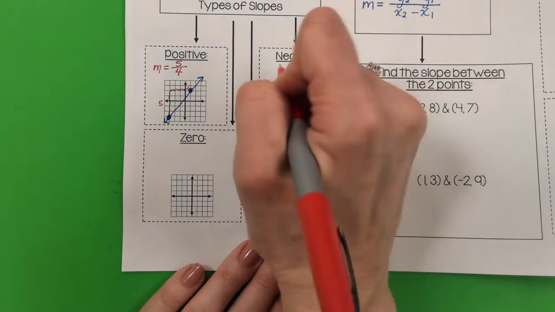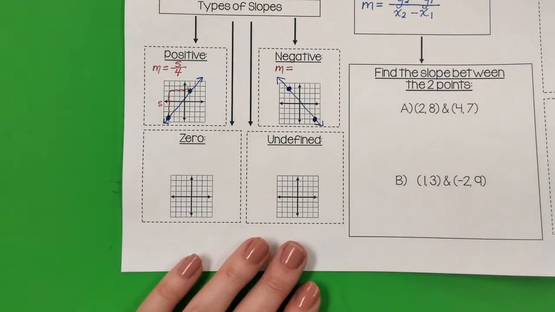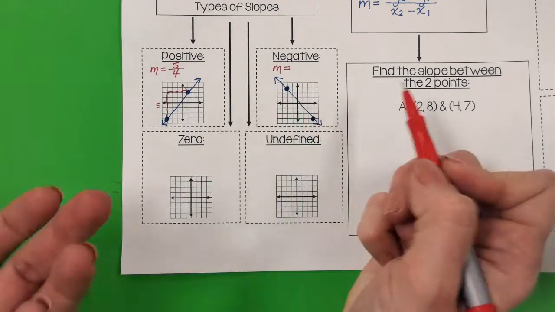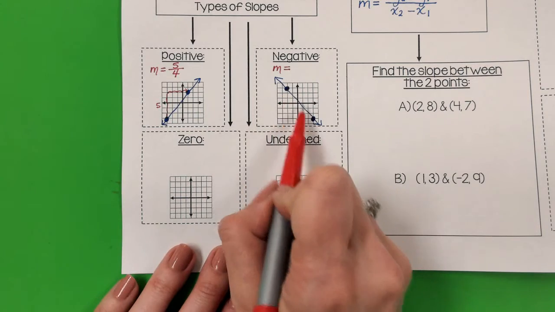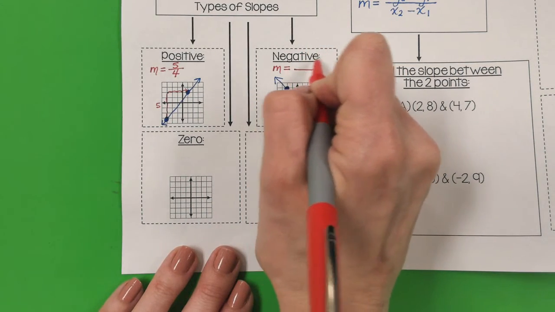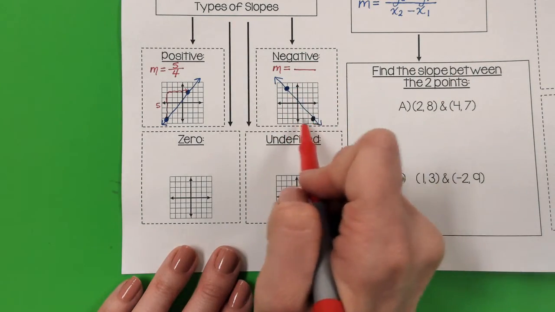To find the slope, we say m equals, and we have to rise. Well, in this case, if I always go from the left point to the right point, I want to go from here to here, but I have to rise to get my numerator. And so I actually have to go down to get to this level here.